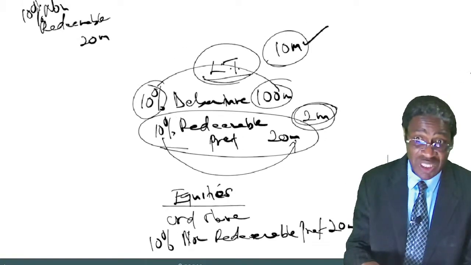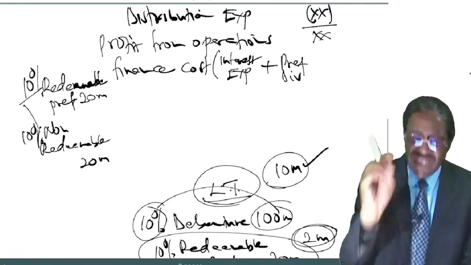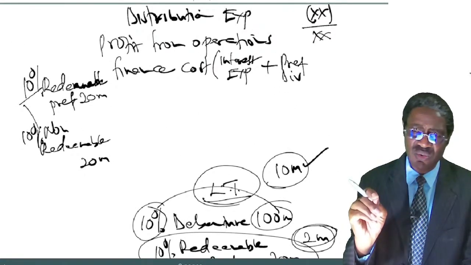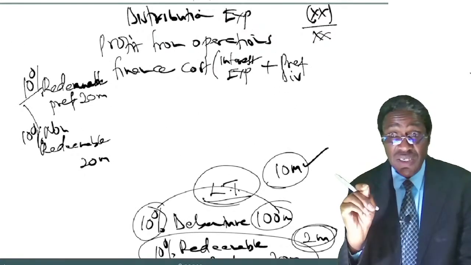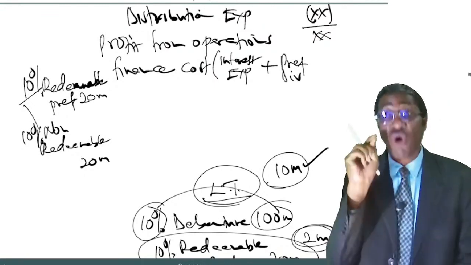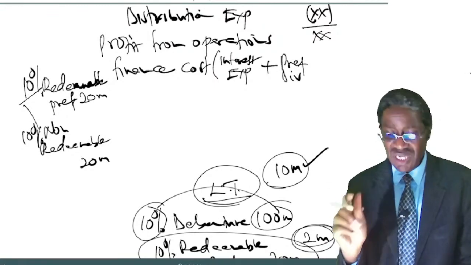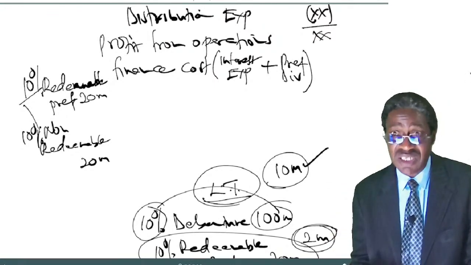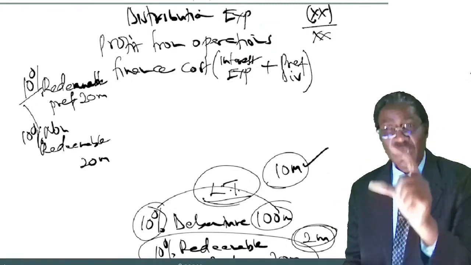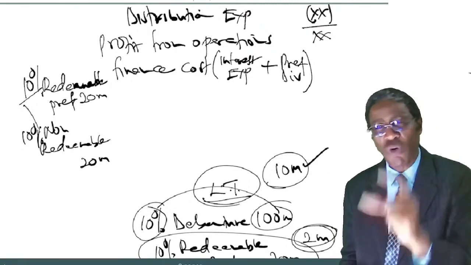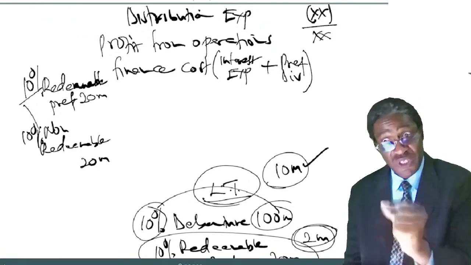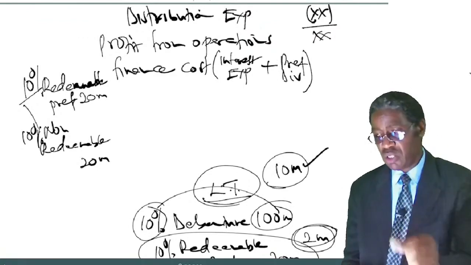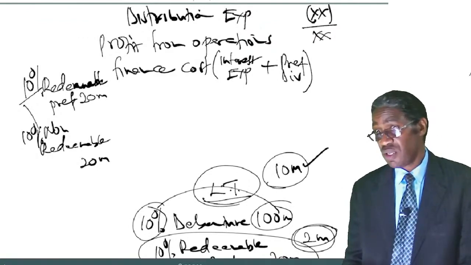So get the point that the preference dividend I was referring to, which should be considered as a finance cost, is the preference dividend on the redeemable preference shares.